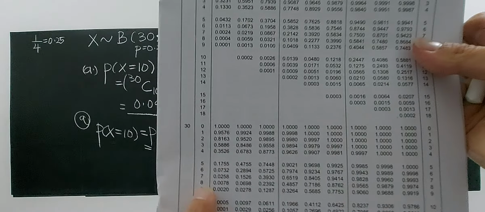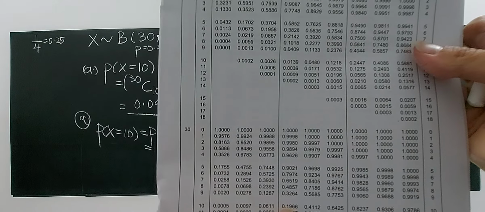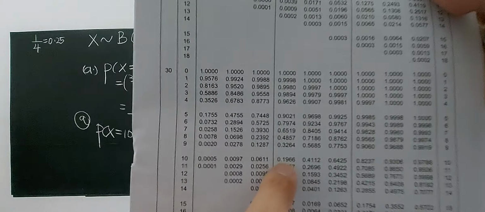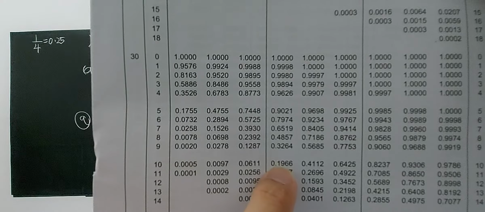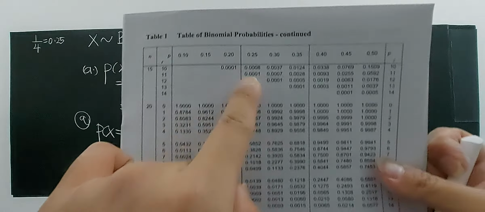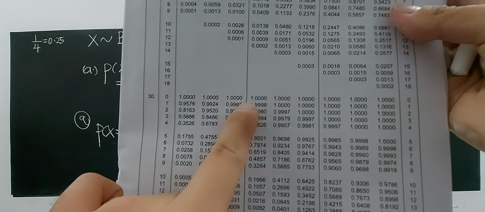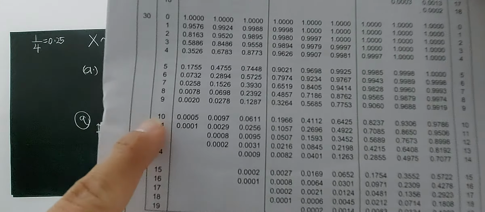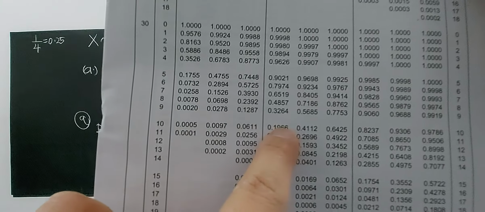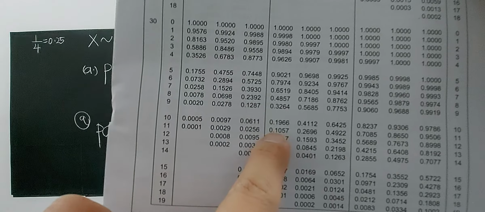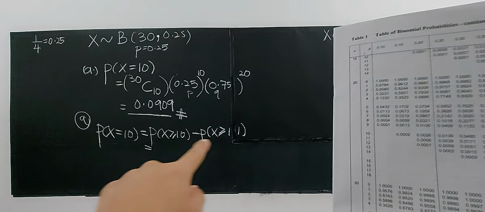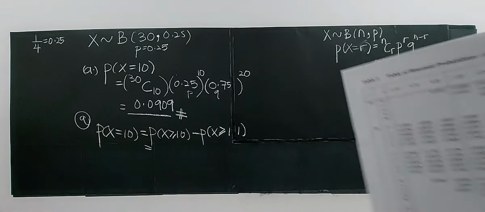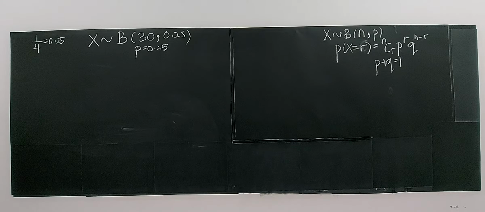Where is 10? 10 is 0.1966, can you look at the value here? So according to here, the value of 10 will be 0.1966 and this is 0.1057. So you write it here and subtract, and you get the same value as this.